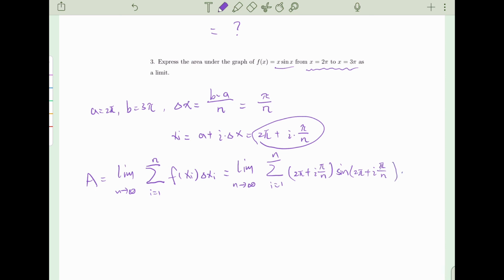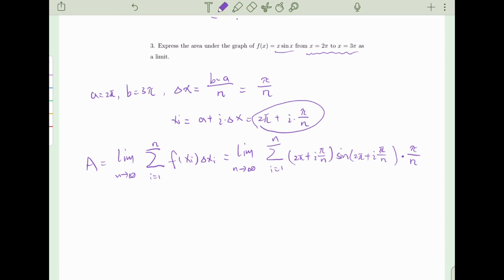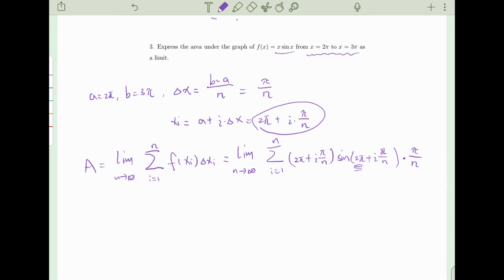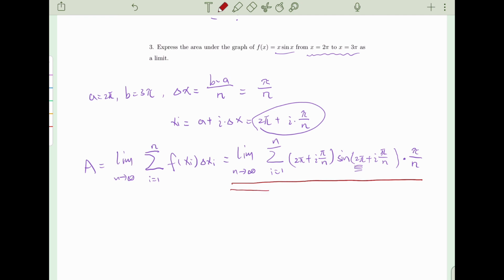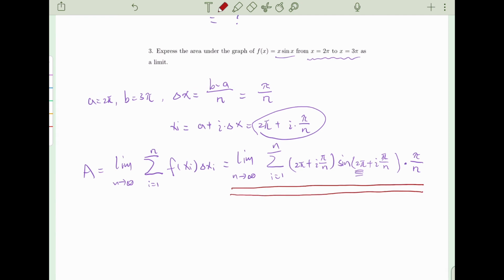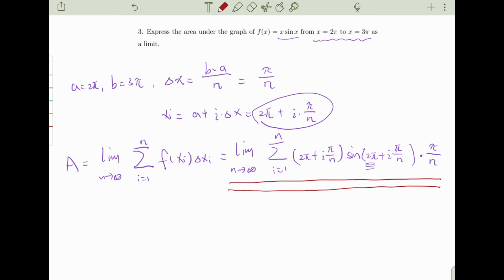And at last I need to multiply by the length of the interval, that is pi over n, that's delta x. Right? And maybe you can simplify this a little bit by removing the 2 pi, since that is the period of sine of x. But you don't have to, because you have expressed the area under this curve by using a limit, and that is all you have to do. So it's done here. So that is the answer of question 3.